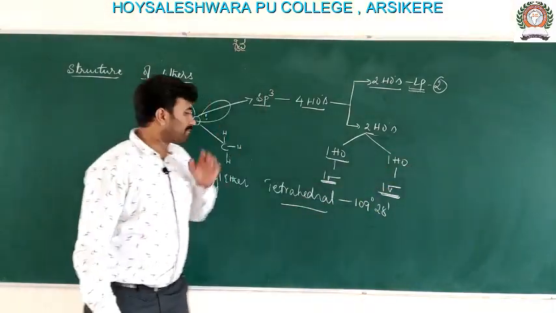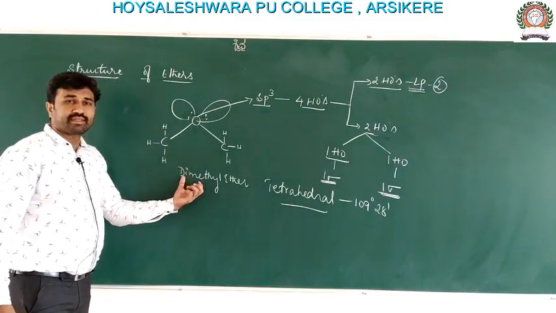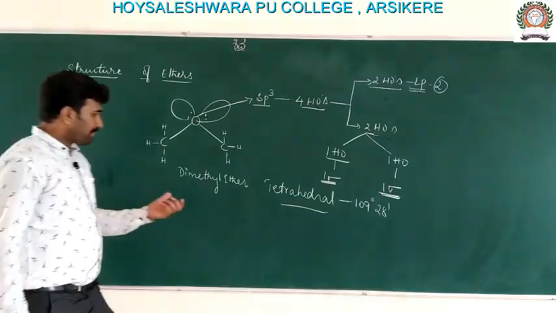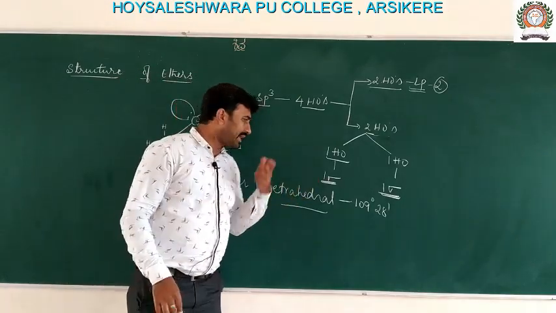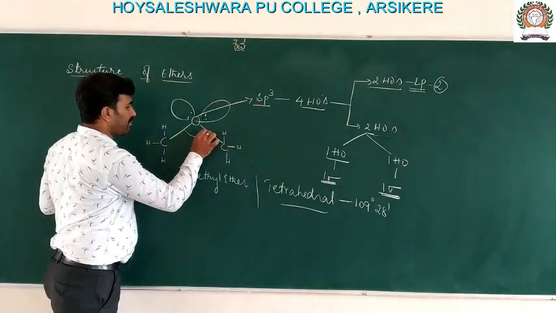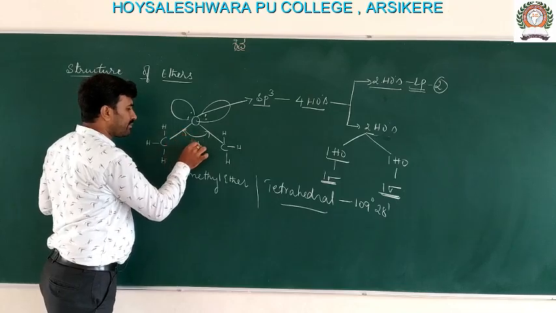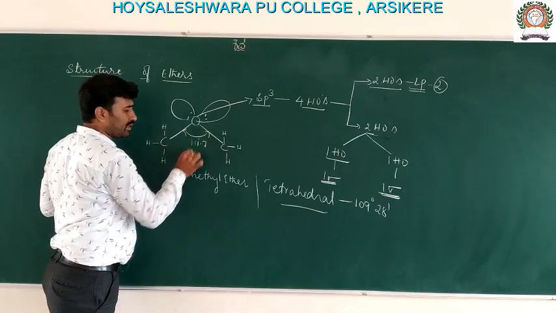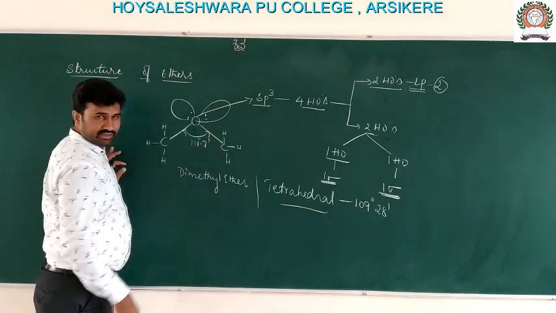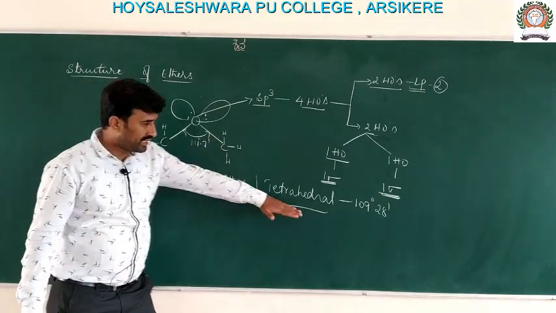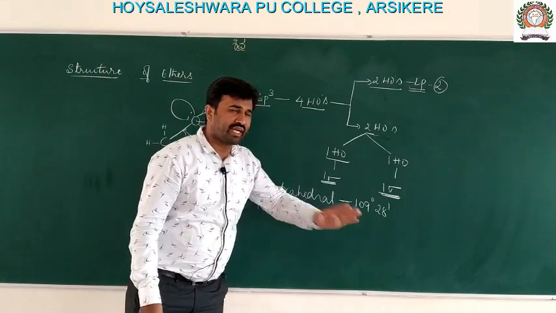In case of dimethyl ether, the bond angle is 111 degree 7 minutes, but the usual tetrahedral bond angle is 109 degree 28 minutes.